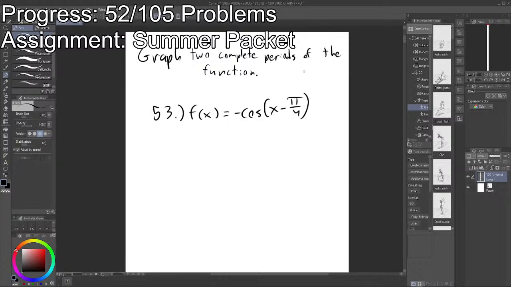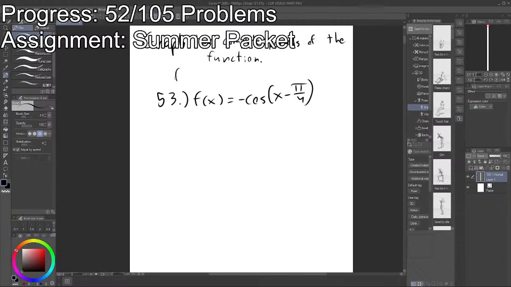Graph 2 complete. Periods of function. And this is a cos. Alright, so I'll write down this formula, I guess. Whatever you call it.